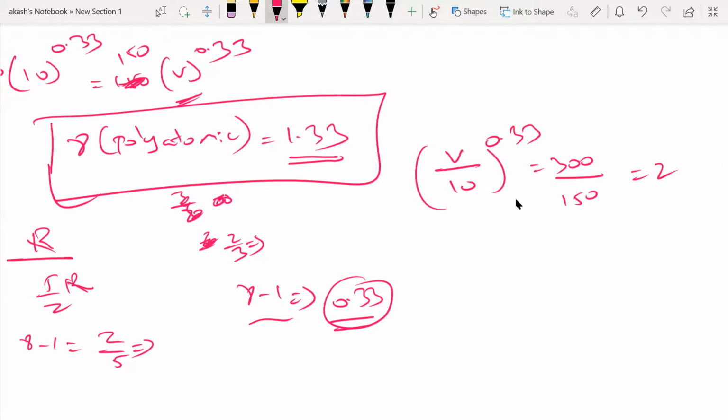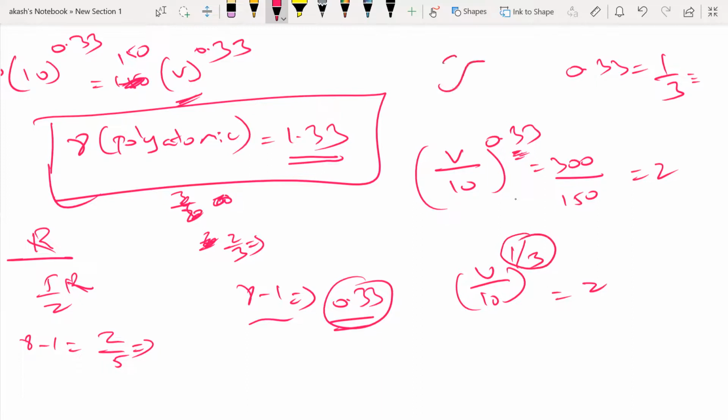Now remember, you don't have to go for calculators for calculating this. This 0.33 is nothing but 1/3, is it not? So V divided by 10, the whole power 1/3, is nothing but 2. Whenever I write power 1/3, this is nothing but cube root.